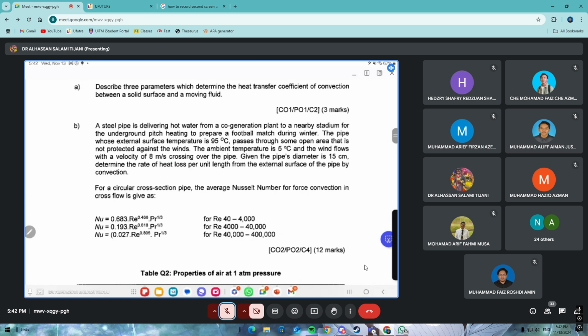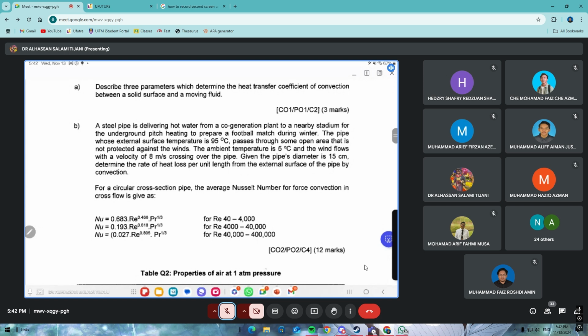The ambient temperature is 5 degrees Celsius, and the wind flows with a velocity of 8 meters per second, crossing over the pipe. Given the pipe's diameter as 15 centimeters, determine the rate of heat loss per unit length from the external surface of the pipe by convection.